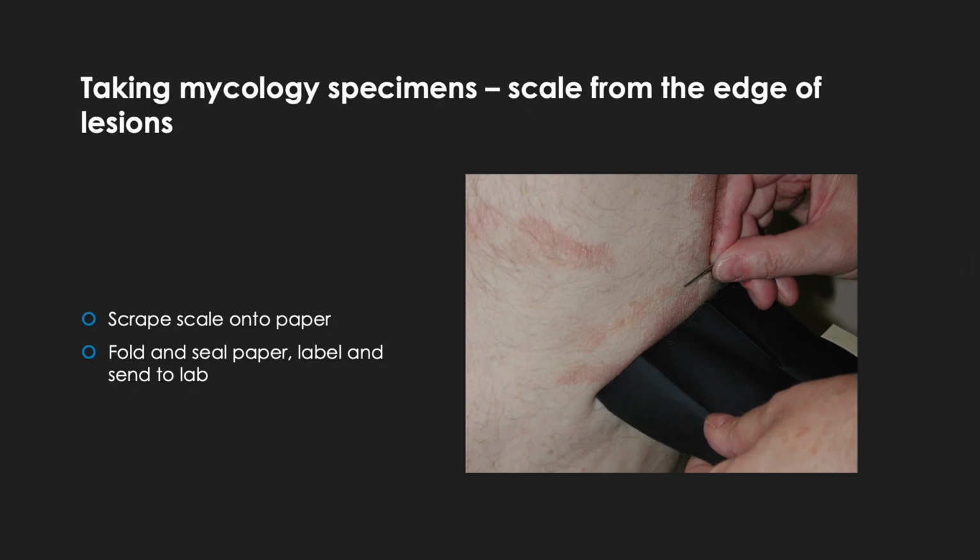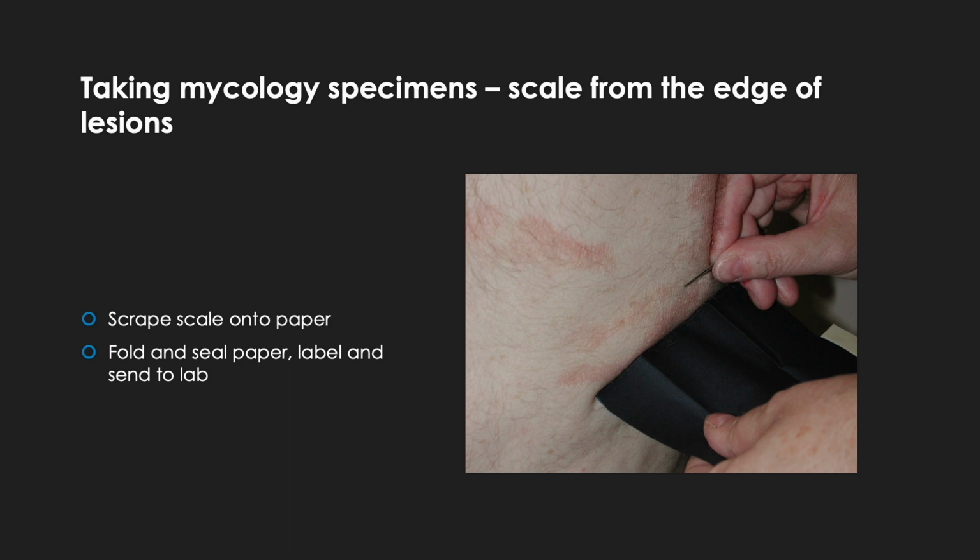So how do we take specimens for mycology? Well, here you can see a specimen being taken. So there's a clean blade. It doesn't need to be a scalpel blade, but they often are convenient. So one needs a clean blade, and the surface of the lesion is gently scraped, and this will produce scale.